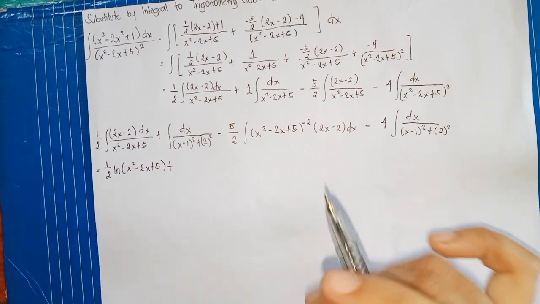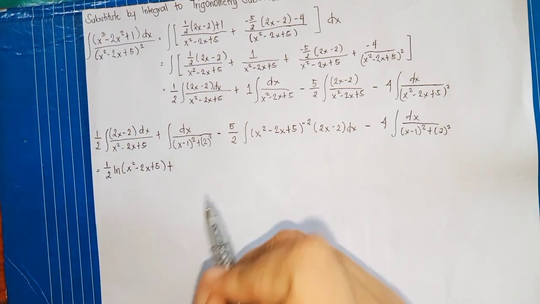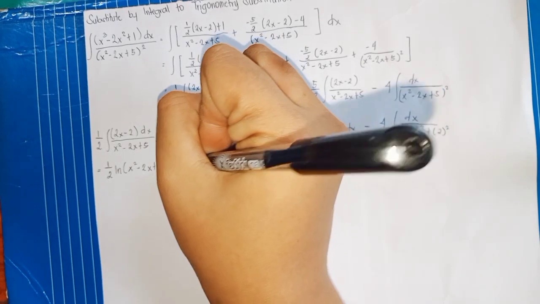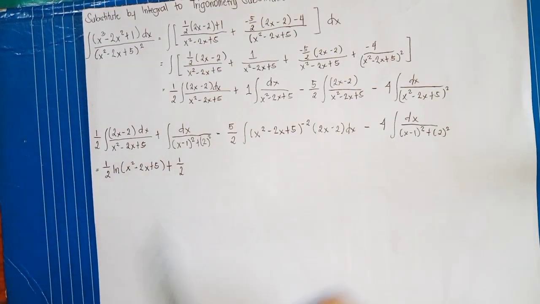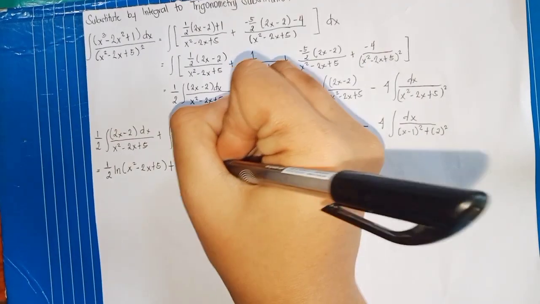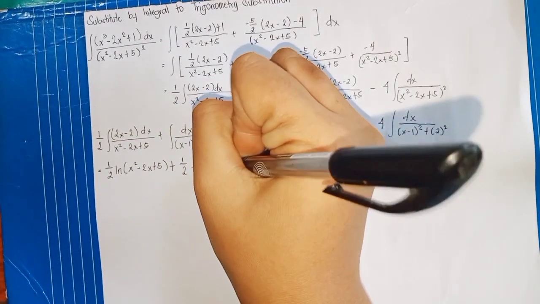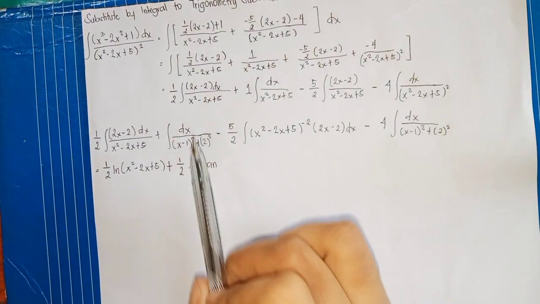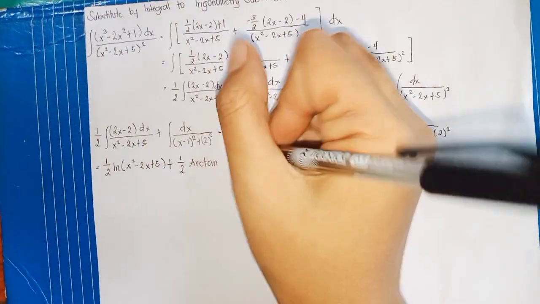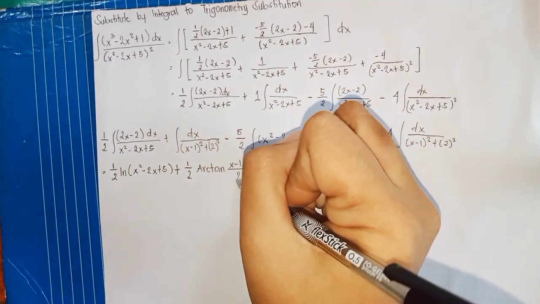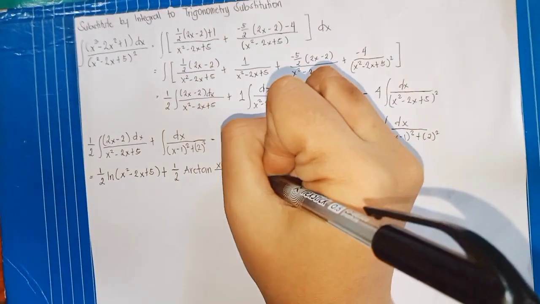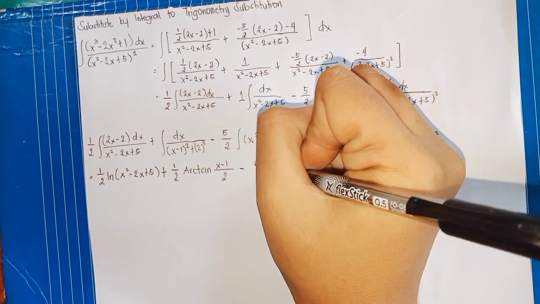So we will write here 1/2. We have 1 here and 2 arctan. Our u will be x minus 1 and our a will be 2, minus 5/2.